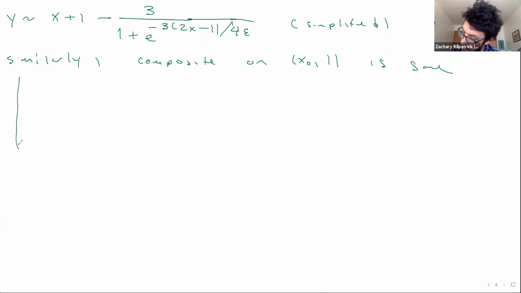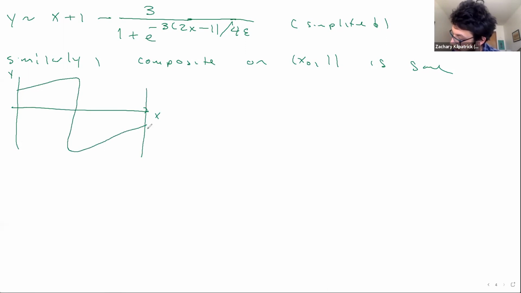And so what we should find is that y as a function of x is this nice smooth function: y is equal to -1 here, y is equal to 1 here, and this transition happens at x equals 5. The smoothness is going to become smoother and smoother as you take higher values of epsilon, but of course you expect your asymptotic expansion may break down. Okay, so that's interior layers.